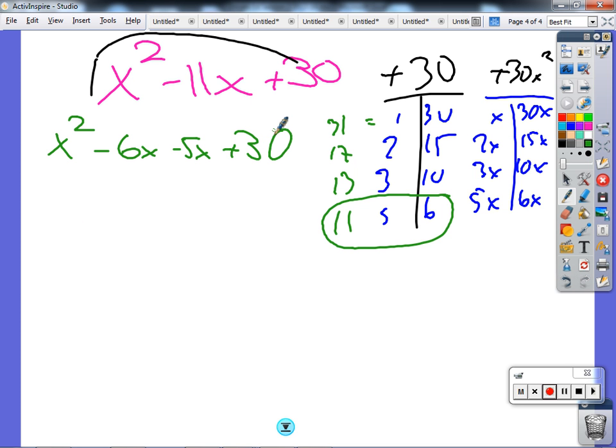Alright. So, once again, our third step is group and group. Brian, you might help me on the first group? What do they have in common? X squared and negative 6x. Do they have any numbers in common? They have a 1, right?